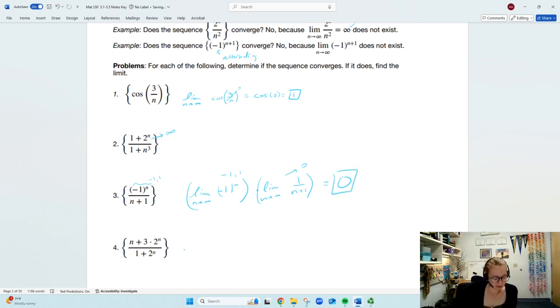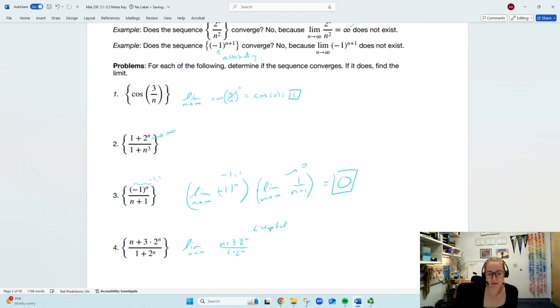Okay, last but not least, I'm going to take my limit as n is approaching infinity of this whole thing. And if I plug in my infinity, I'm going to have a huge number at top, huge number at bottom. It's unclear which one's getting bigger at a faster rate. Since it's infinity over infinity, I can actually use L'Hopital's.